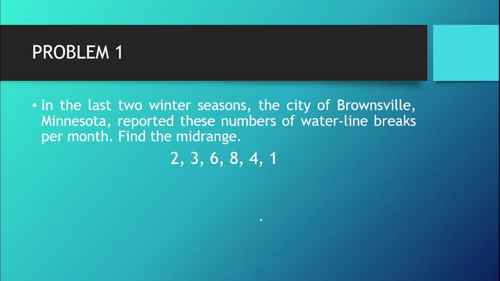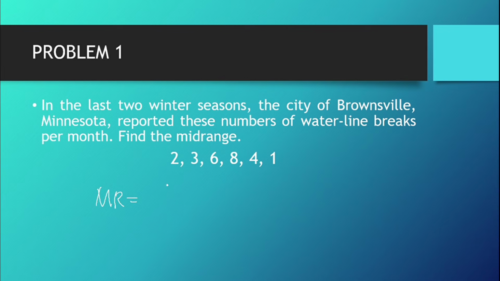In the last 2 winter seasons, the city of Brownsville, Minnesota, reported its numbers of water line breaks per month. Find the mid-range. The mid-range just uses the highest and the lowest value. So what is the highest value?